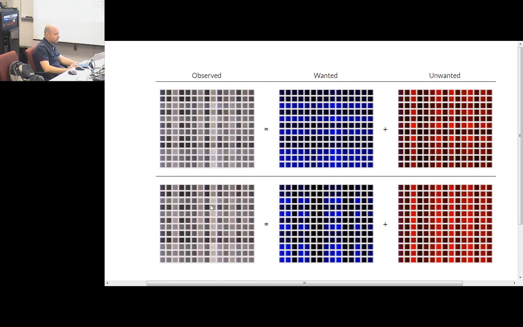Now, if we could look and see within this observed data what part was wanted and what part was unwanted, well, then we'd be good. But we can't. We only see the sum here. So again, nothing surprising in what I'm saying.